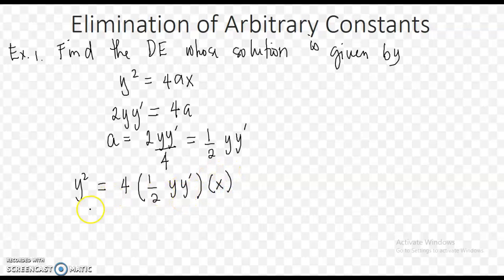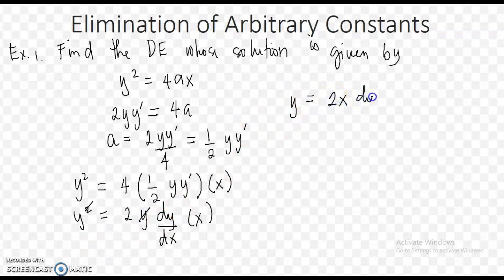Since y prime is also equal to dy over dx, but we have to simplify first. 4 divided by 2 is equal to 2, so 2y, and your y prime is dy over dx, multiplied by x. Okay, y squared, y cancels. Therefore, we have y is equal to 2x dy over dx.